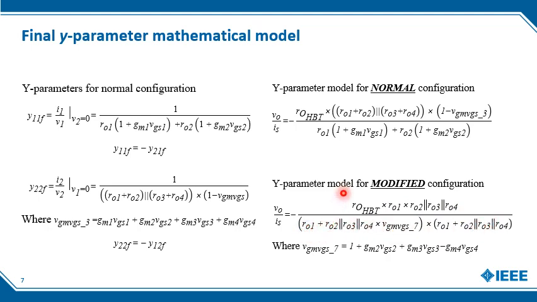The nice thing about this model is RO1, the output resistance, can be related to something else with which you desire, and GM again to something else. So in this way, this model is adaptable to be used for a variety of different scenarios.